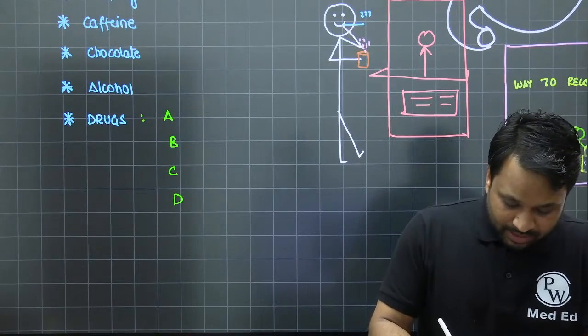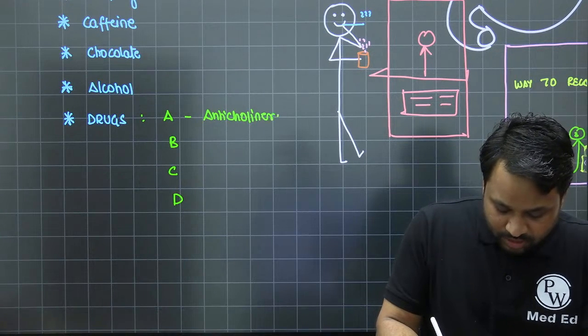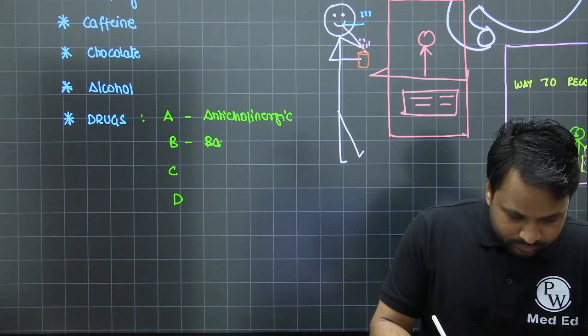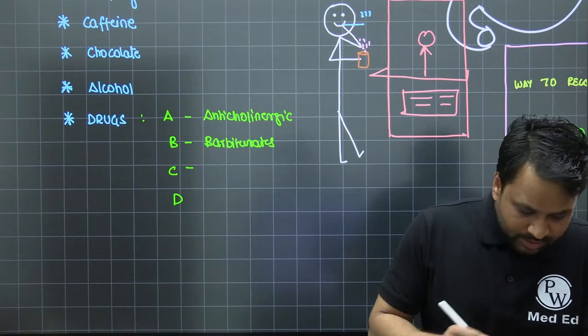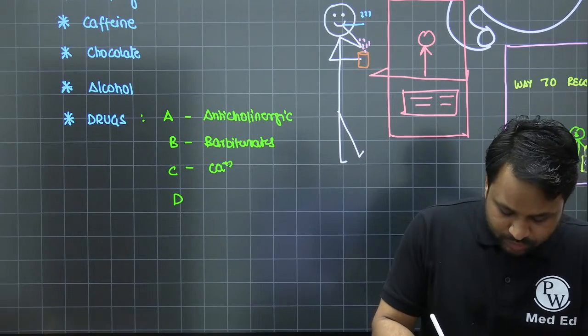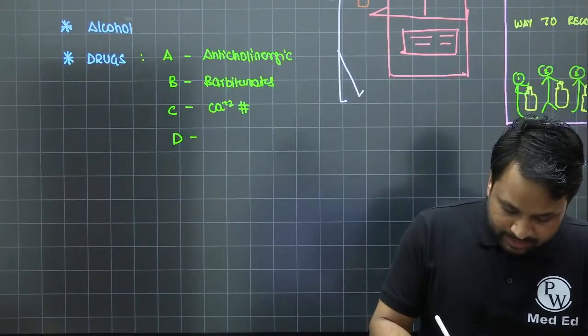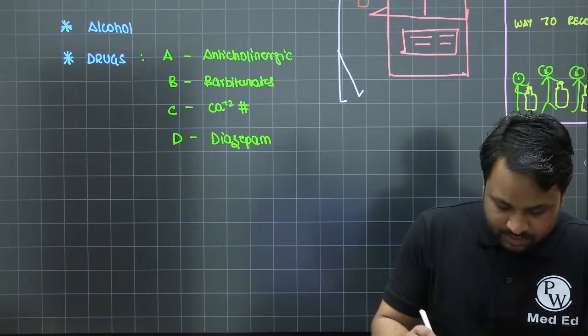A stands for anticholinergic. B stands for barbiturates. C stands for calcium channel blocker, and D stands for diazepam.